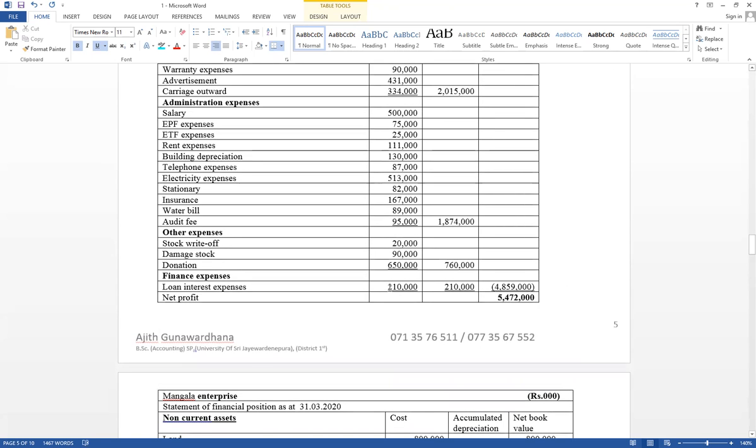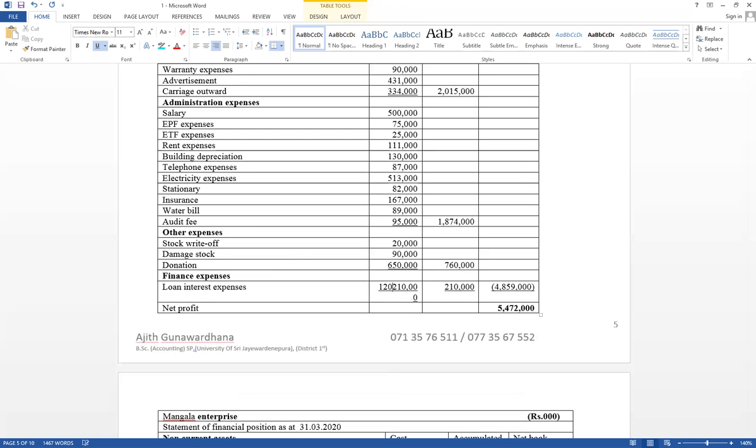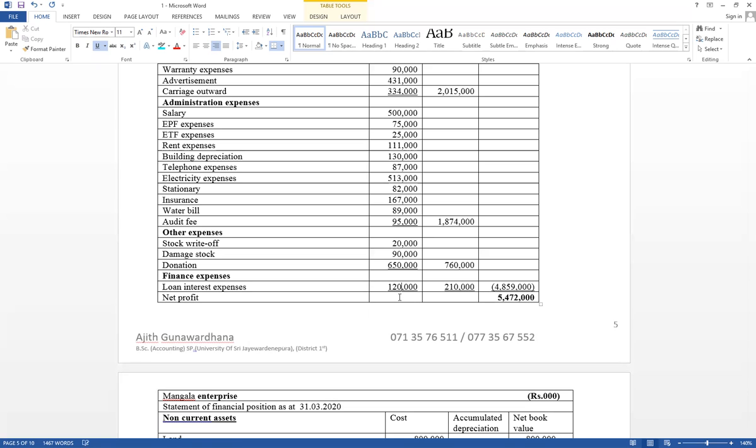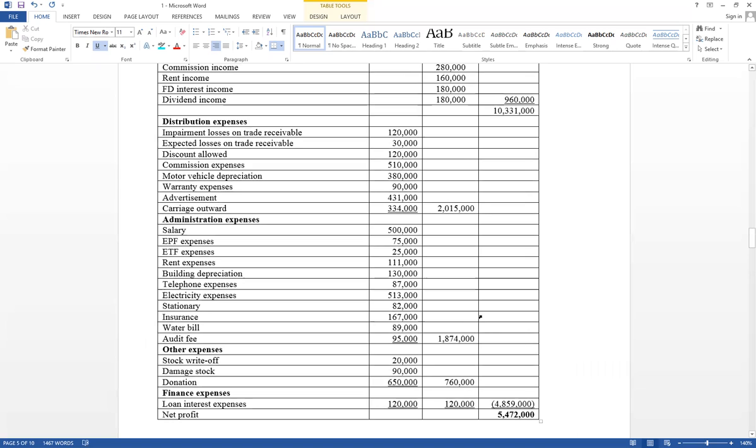Here loan interest will equal 120. Therefore, total expense equals 2015 plus 1874 plus 760 plus 120.